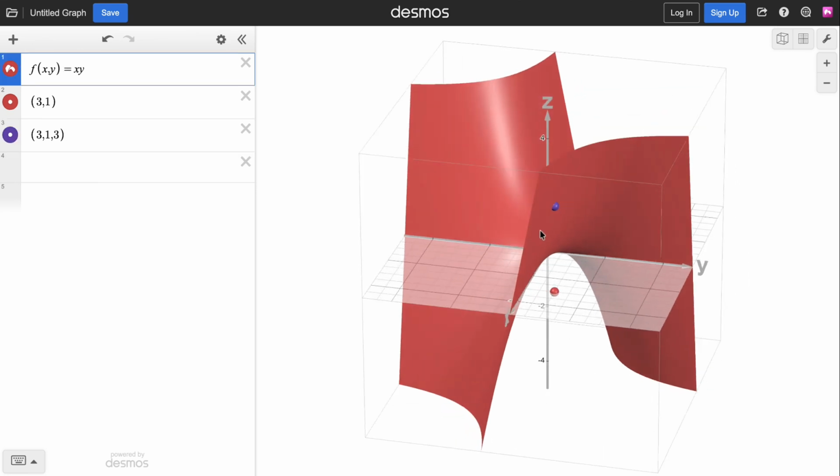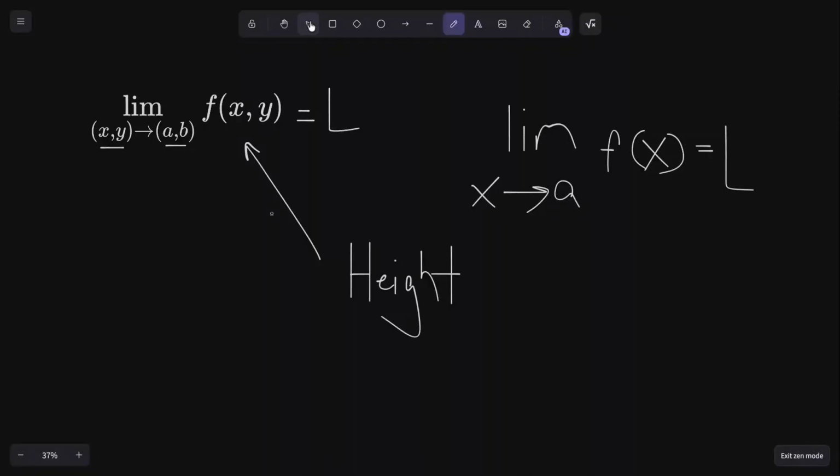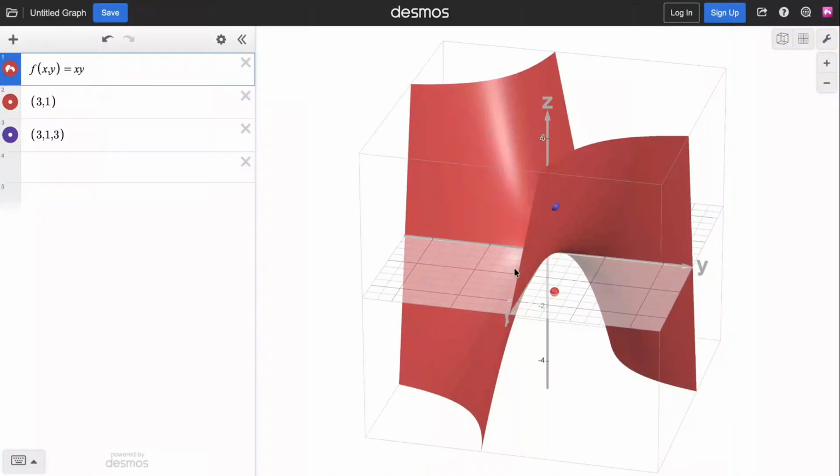All right, so you're asking yourself, what does the height of the function approach as the x and the y value approach a point? And these limits, multivariable limits, are weird because technically, if I go back to this function here, I can approach this point from any direction.